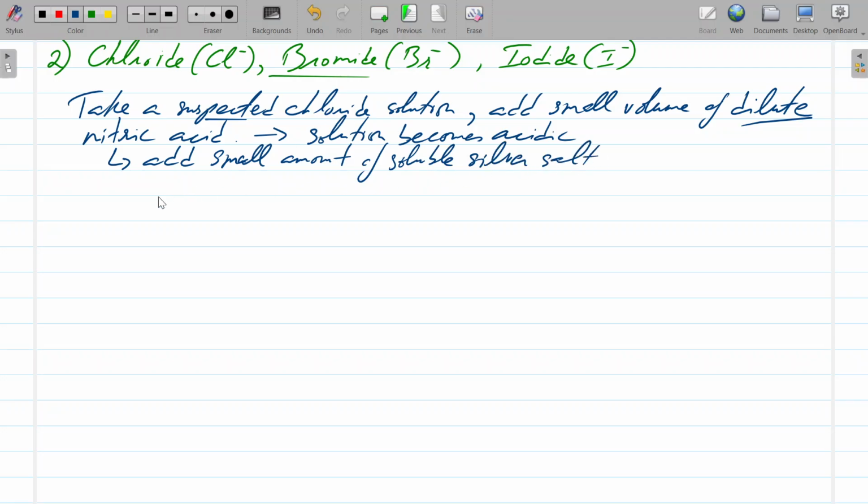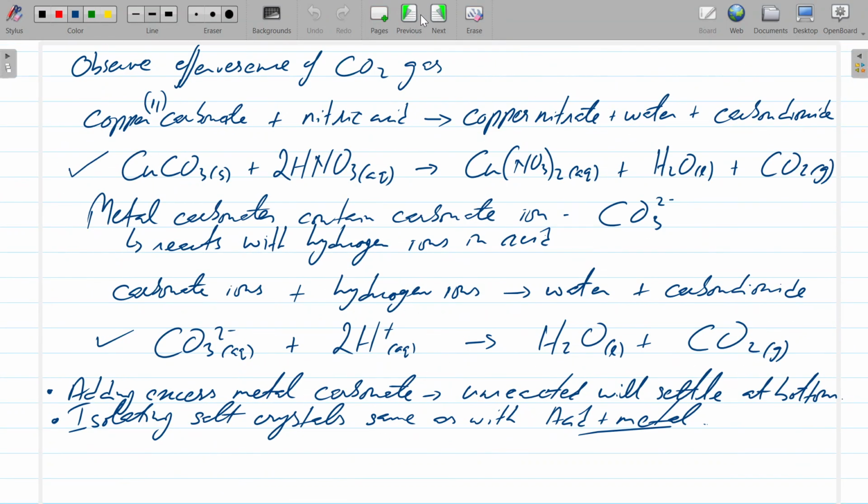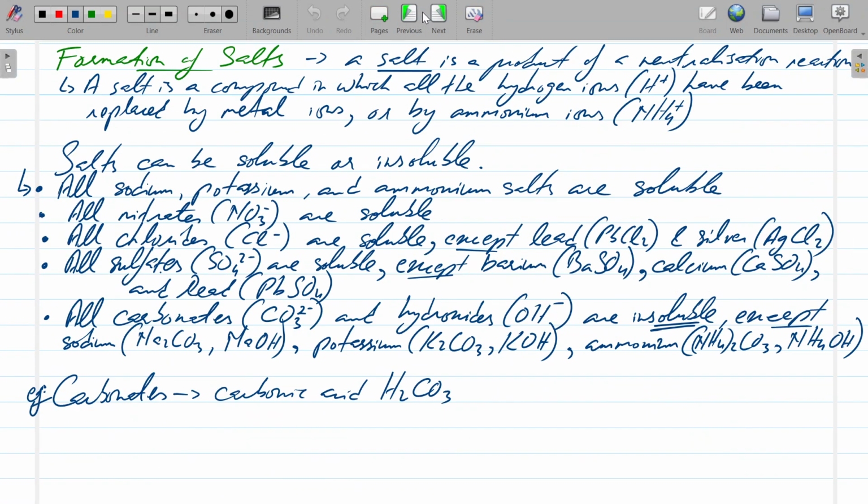If this is a chloride, we know that silver chloride is insoluble. How do we know that? Because we talked about it earlier. All chlorides are soluble except for lead and silver. So silver chloride is insoluble.